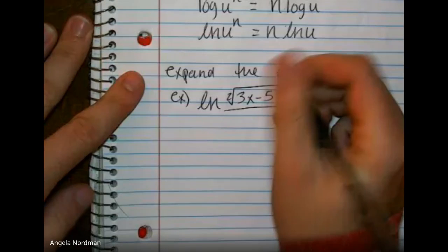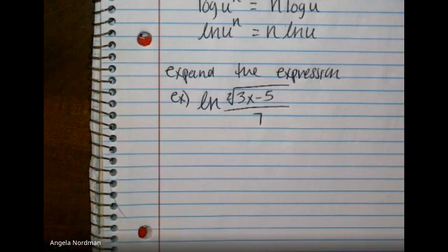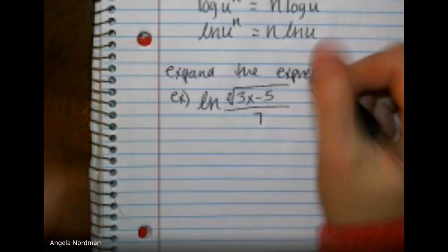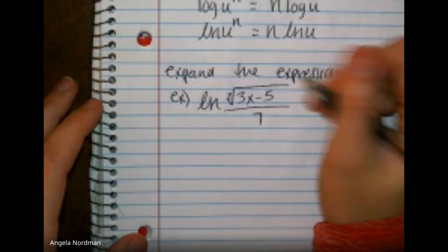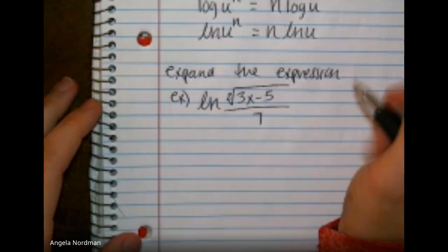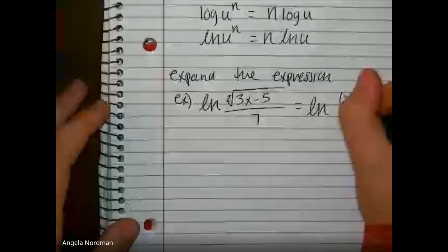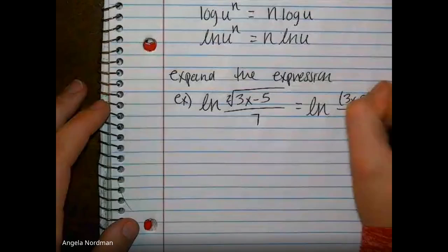the following expression. This is the natural log of the square root, 3x minus 5 over 7. So one thing you should know by now is that we can rewrite radicals by rational exponents. So that's what I'm going to do first. This is the natural log of 3x minus 5 to a certain power.